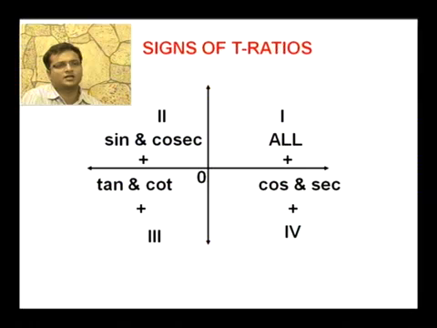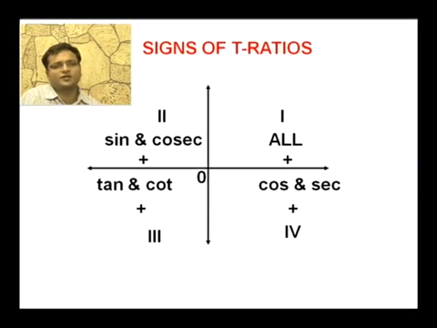And in the third quadrant, tangent and cot are positive and the remaining 4, sine, cos, secant and cosecant are negative. In the fourth quadrant, cos and secant are positive, but the remaining 4, sine, cosecant, tangent, cot are negative.